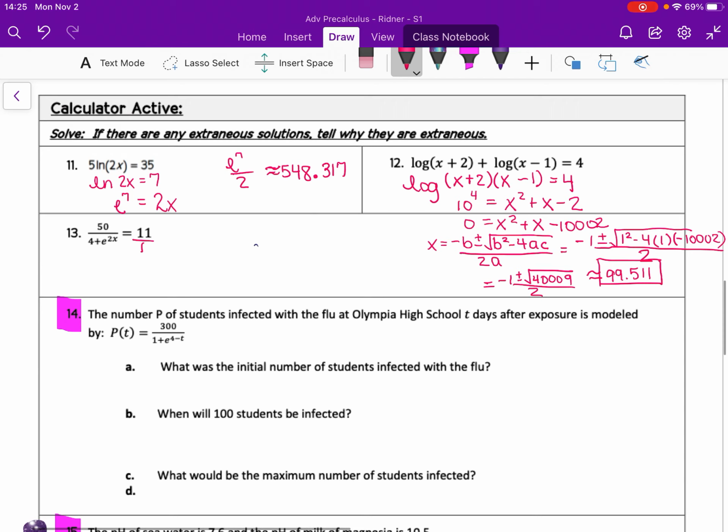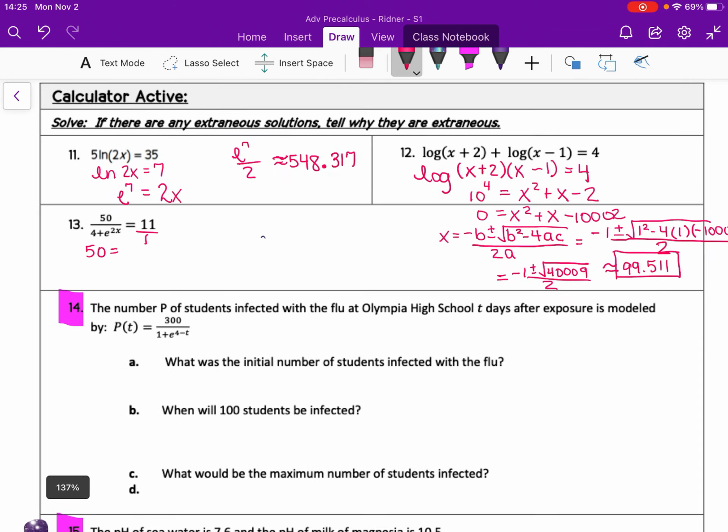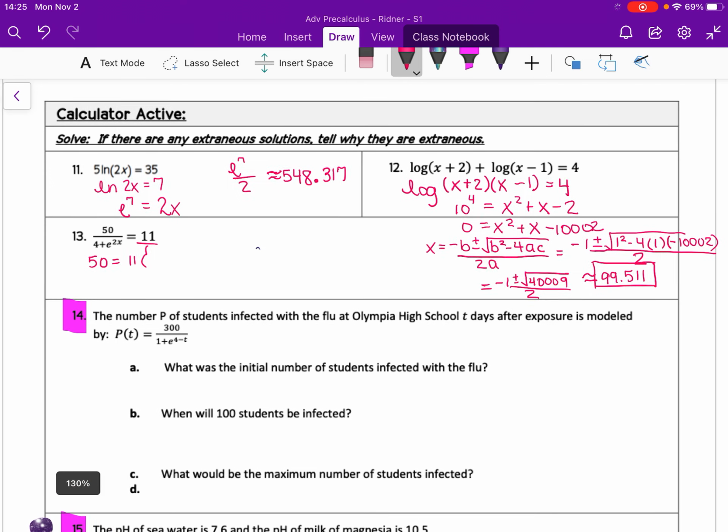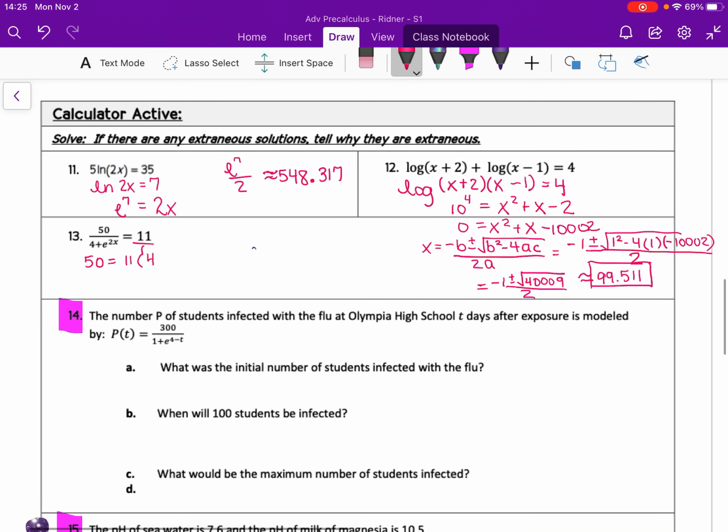All right, so number 13, we have fraction equal to a fraction. So I'm going to cross multiply and get 50 equals 11 times 4 plus e to the 2x. Divide by 11. Subtract 4.